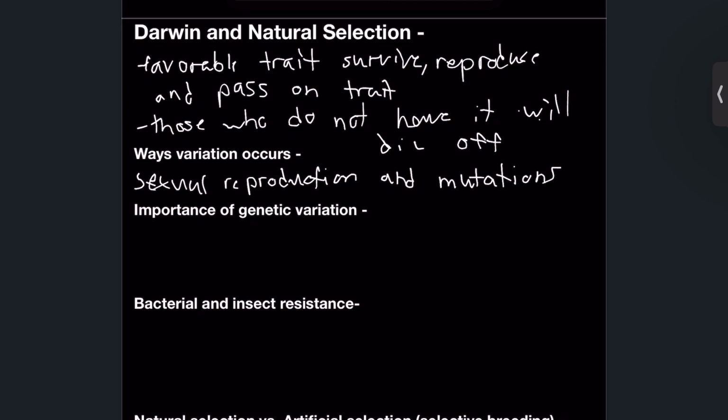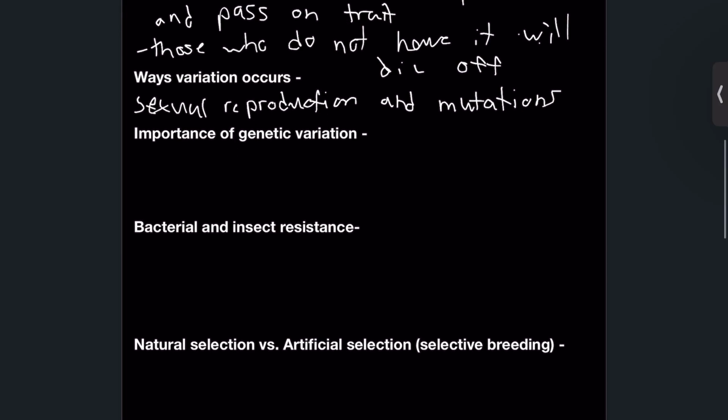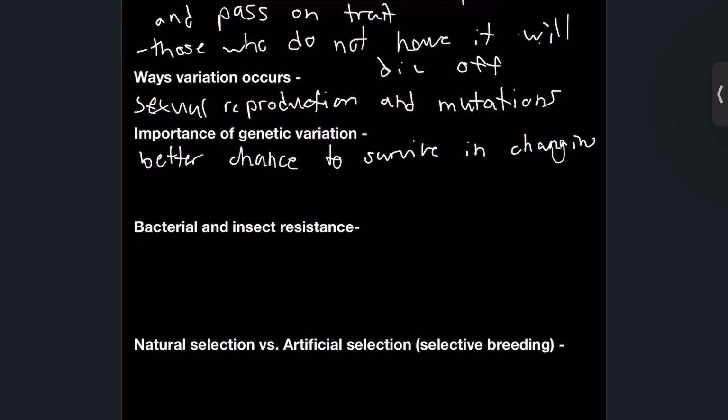So now, why is genetic variation important in a species? You want to know that genetic variation is really important to have in a species because it allows a species a better chance to survive in a changing environment, because there's greater variation or biodiversity. This means that if there is some form of change in the environment, like something that's damaging to the organism, and there is variation within the species, even if some organisms die, other organisms will survive, pass on their traits, and continue the survival of the species.